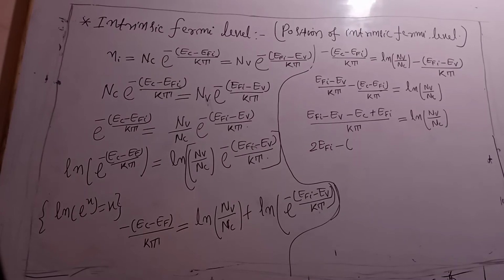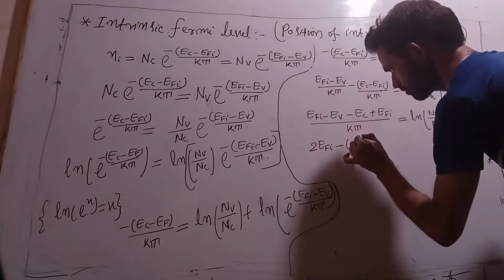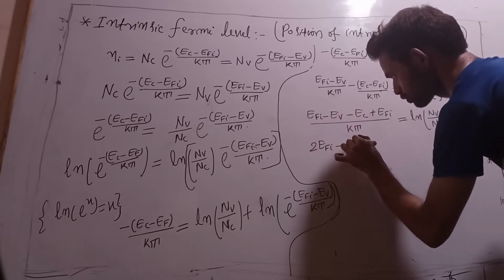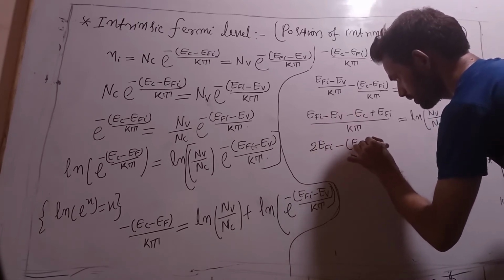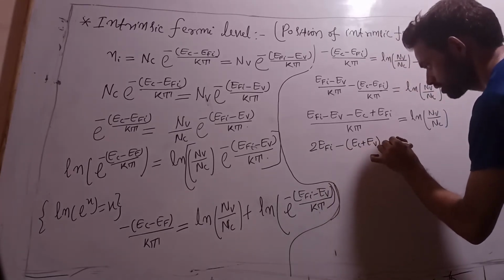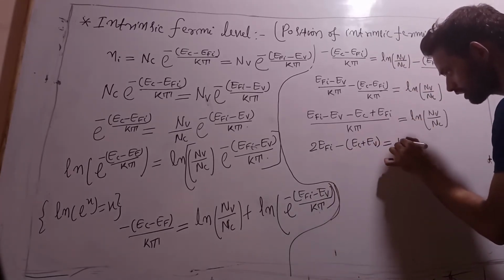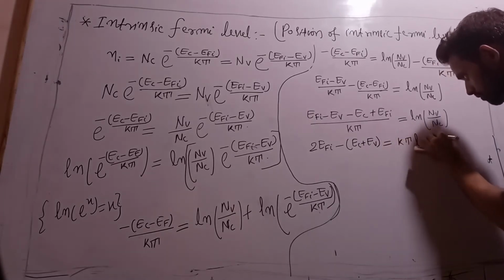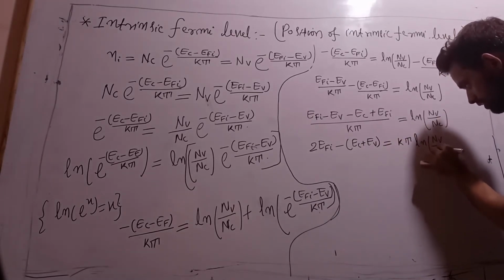So Efi, this is okay, Ec plus Ev negative, we have taken this minus sign common, so inside Ec plus Ev is equal to, take this kT this side, we will get kT ln Nv by Nc.